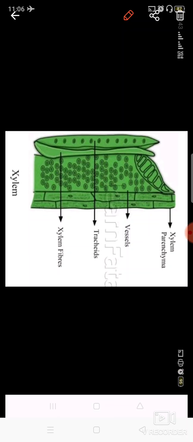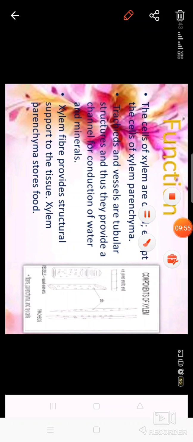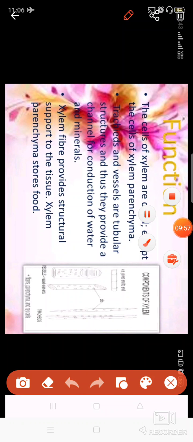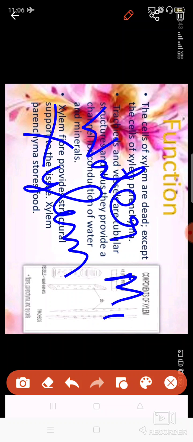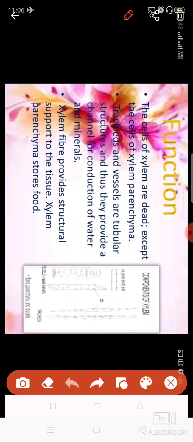Now let us see what are the functions of the xylem. Xylem helps in the transportation of the water and minerals present in the soil, with the help of the cells known as tracheids and vessels.